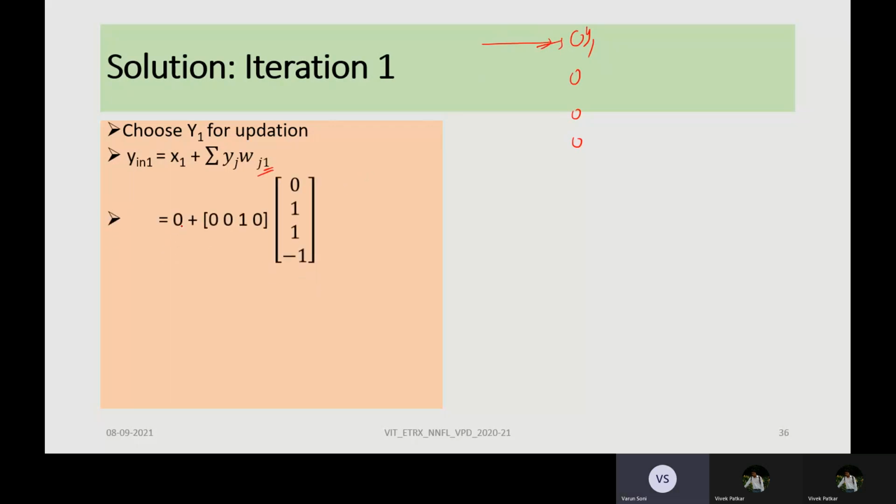So it will be 0 क्योंकि इनपुट में फर्स्ट पैटर्न 0 है ना. 0 plus y अपना सेम एज इनपुट है. We have taken for the first iteration same as input.